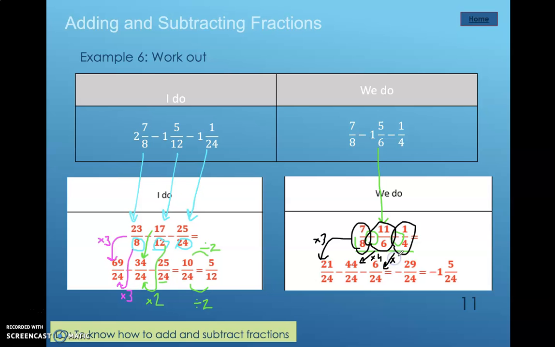Remember the top and the bottom has to be times by 6. So now that we've got them all in the same denominator, we do 21, take away 44, take away 6, and that gives us minus 29 over 24. Now again, we can turn this into a mixed number, because if 24 makes a full cake, then we've got 24 over 24, which gives us the negative 1, and then we also still have 5 over 24 left. So copy that down, and then we'll move on to some examples that you do independently.